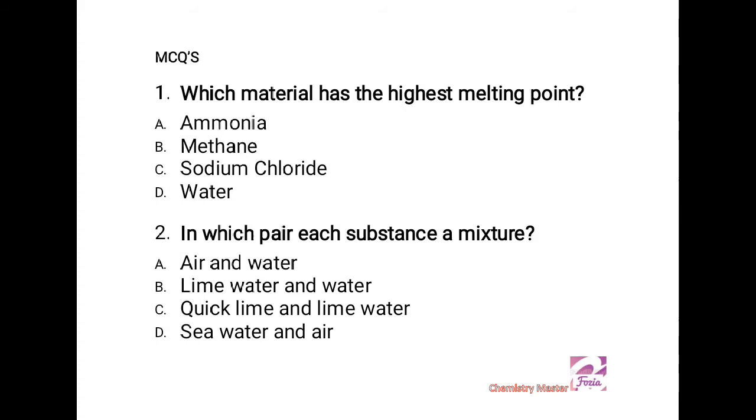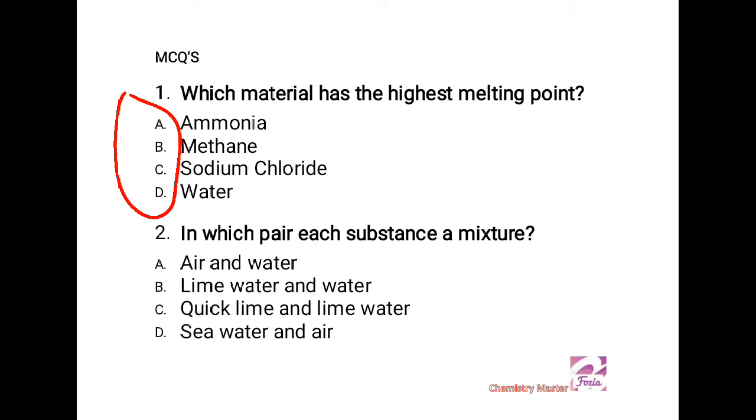And the other way of bonding is covalent bonding, in which non-metals form compounds by making covalent bonds. And when we study their physical states, mostly they are either in the liquid state or in gaseous state. So we see among these 4 options, one is ammonia.